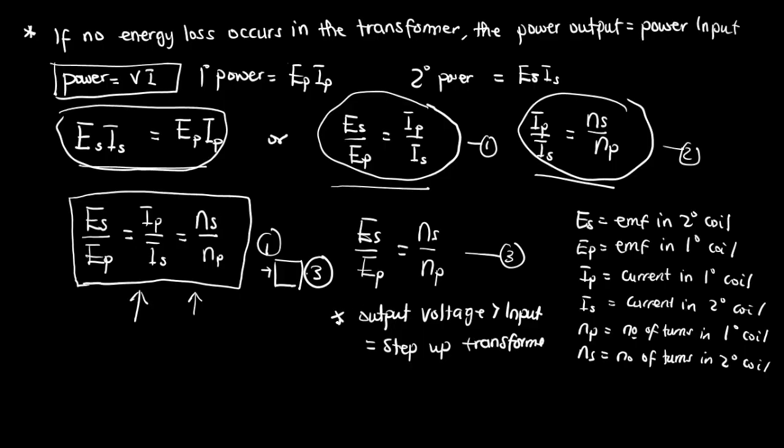Okay, this is one. On the other hand, if the input voltage is greater than the output voltage, then we say that this type of transformer is what we call a step down transformer.